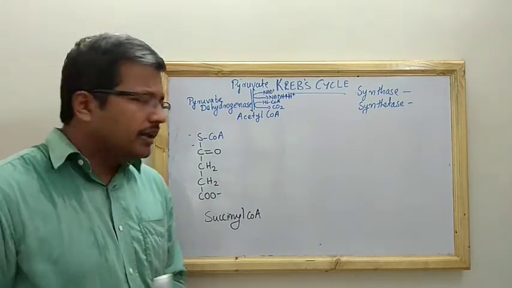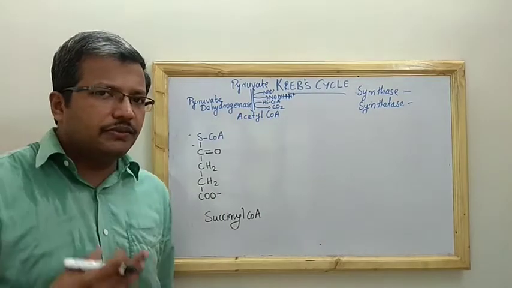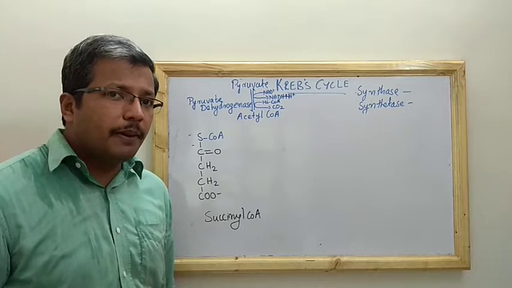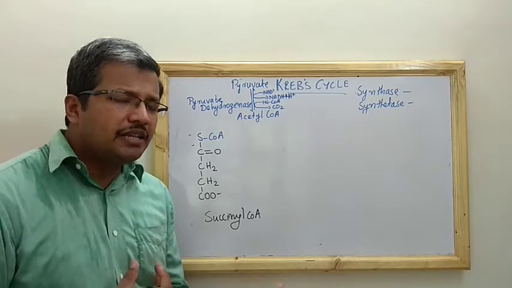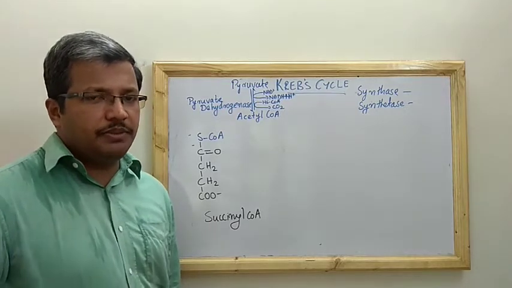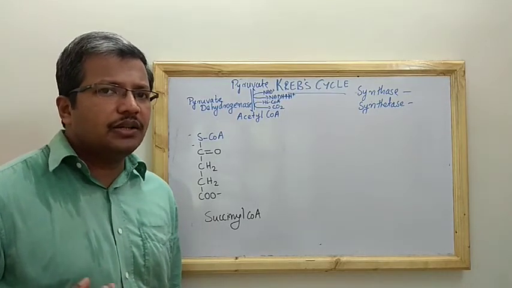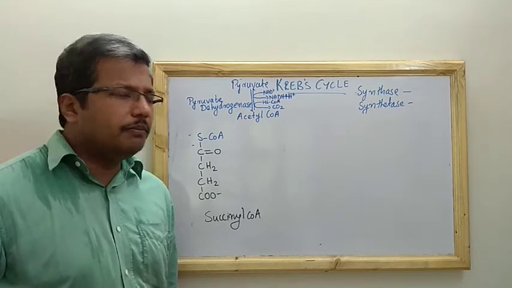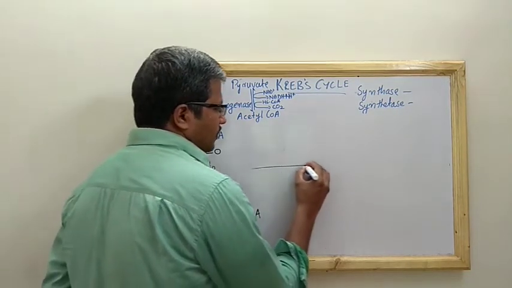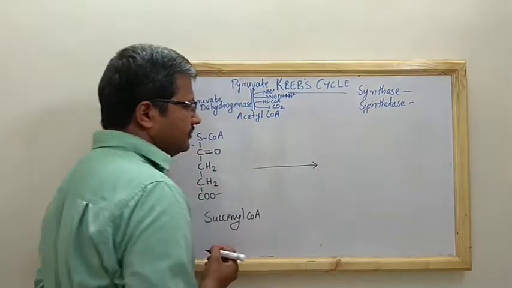As a result, this particular energy that is released will be utilized for combining GDP and Pi to form GTP. So succinyl coenzyme A will be converted into succinic acid or succinate.